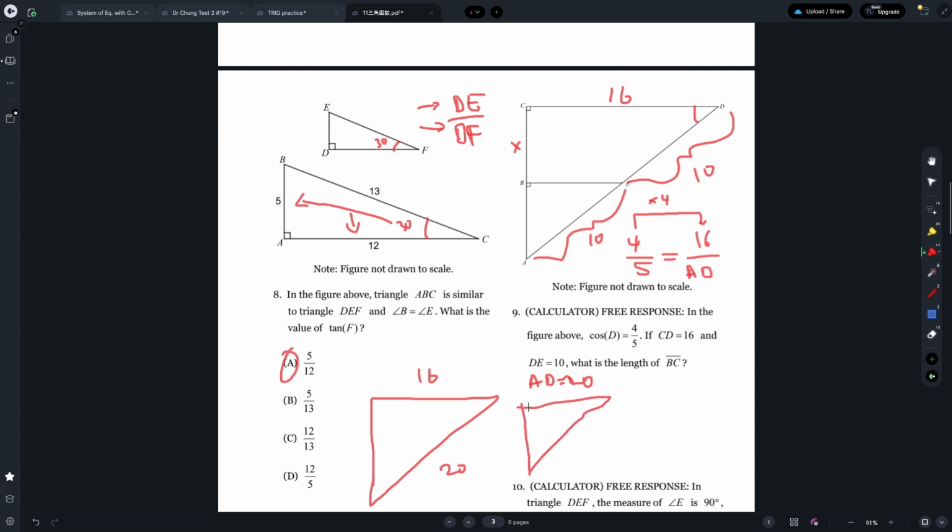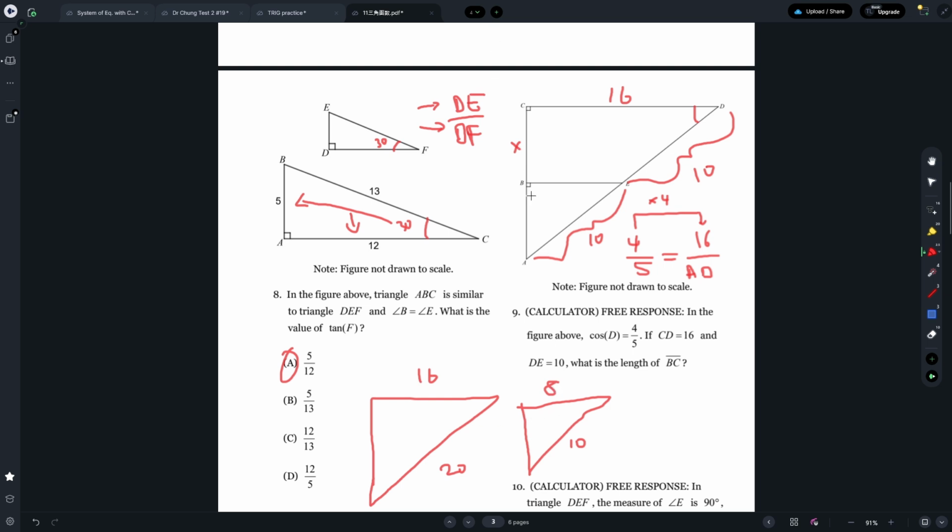We know this side is 10, and we don't know the top. We don't know what 16 corresponds to on this smaller triangle, but we do know that 20 is double 10. So 16 should also be double this side length. So 16 divided by 2 is 8. So we know that the bigger triangle is 2 times as big as the smaller one.